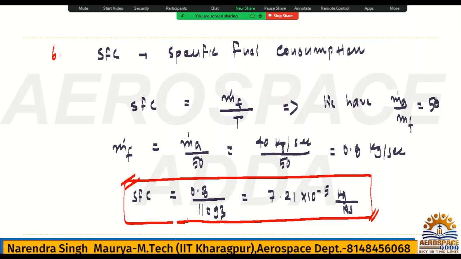If any numerical takes so much time, you can skip it. Here we have calculated 6 values for one problem. In examination, for one problem they will ask maximum 1 or 2 values, so within minutes you can finish.